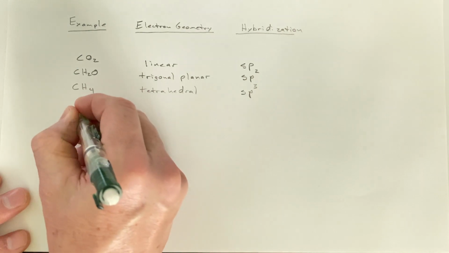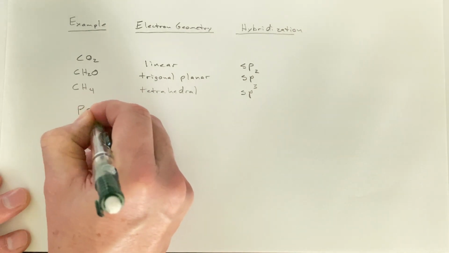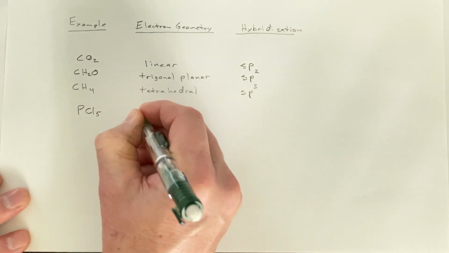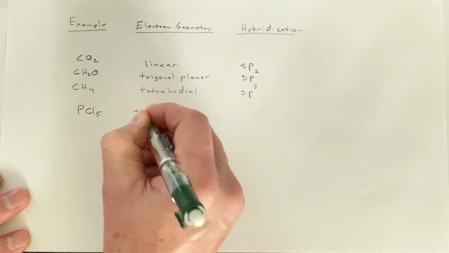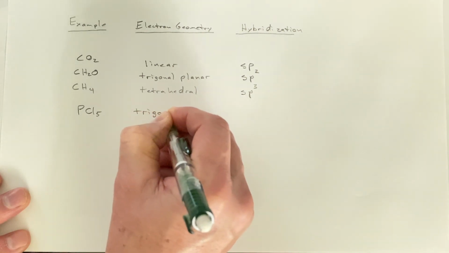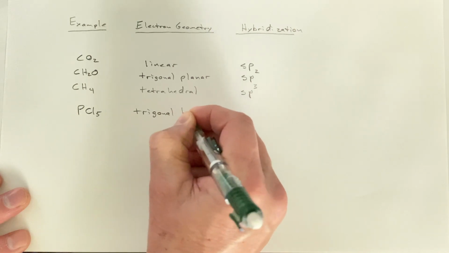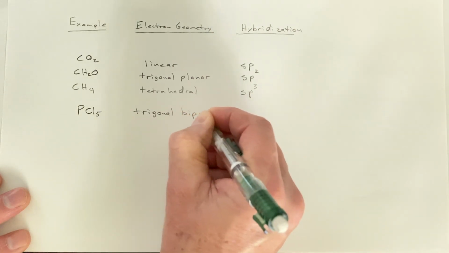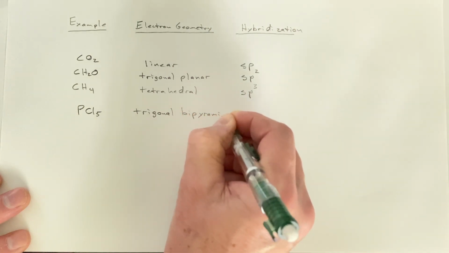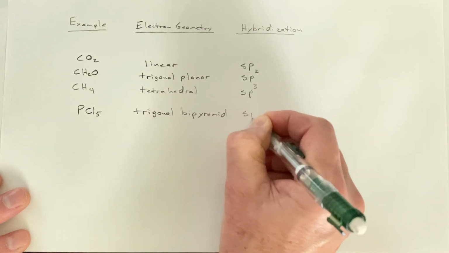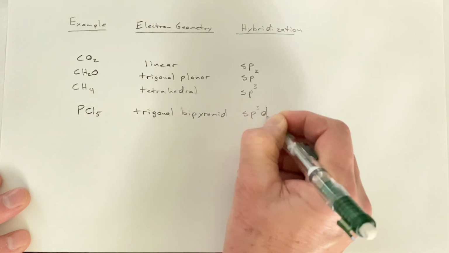So we shall say we looked at PCl5 and that its electron geometry was trigonal bipyramid, and its hybridization was sp3d.